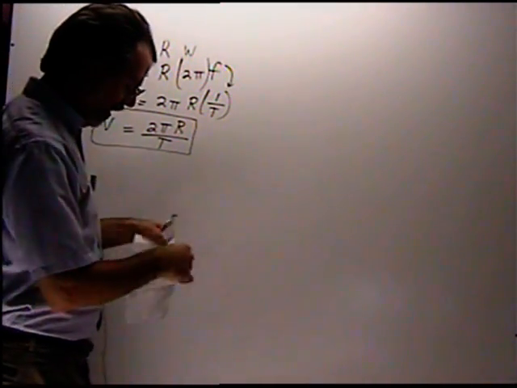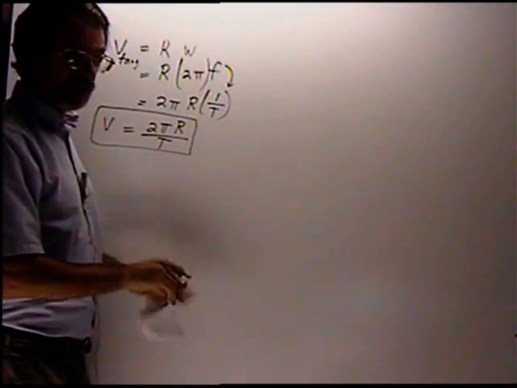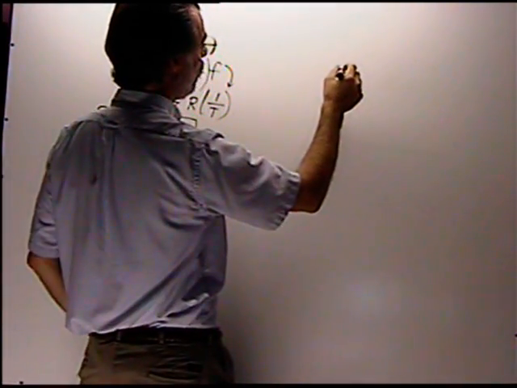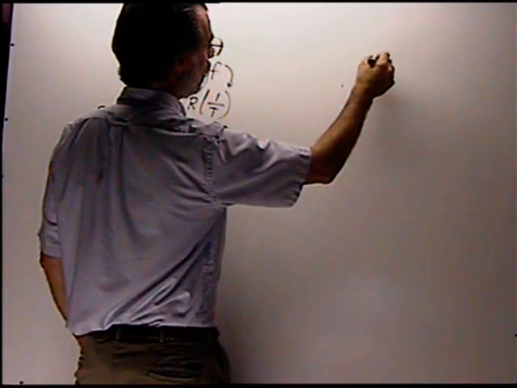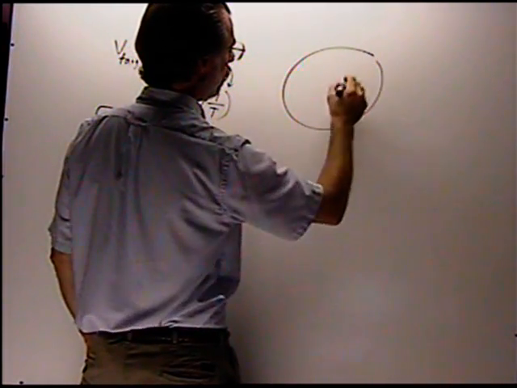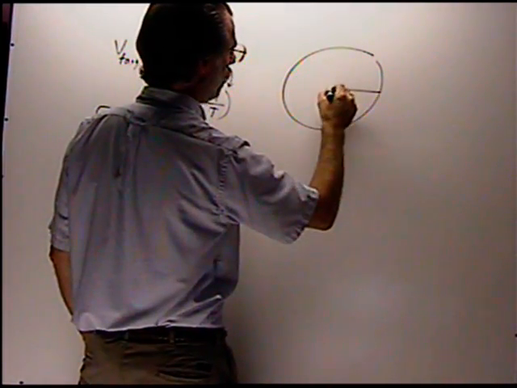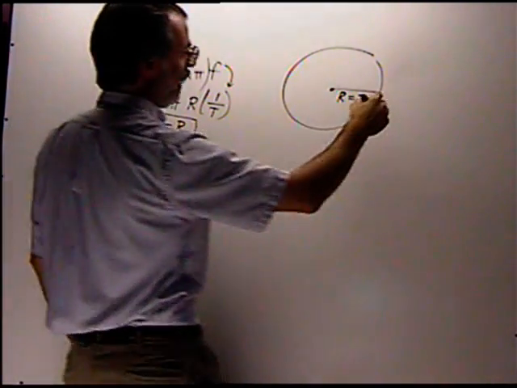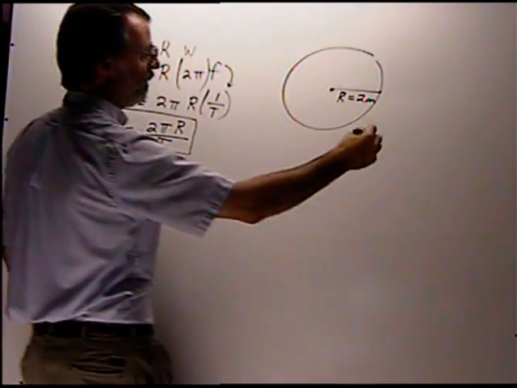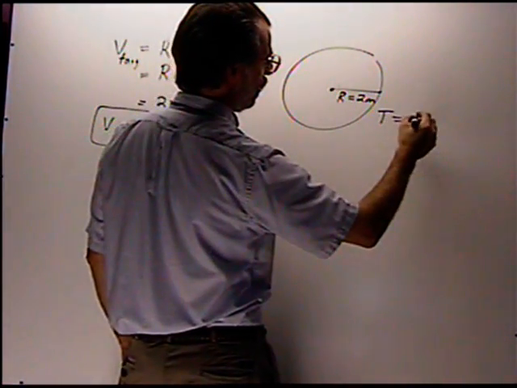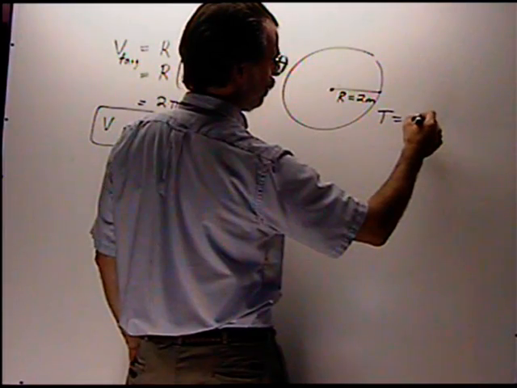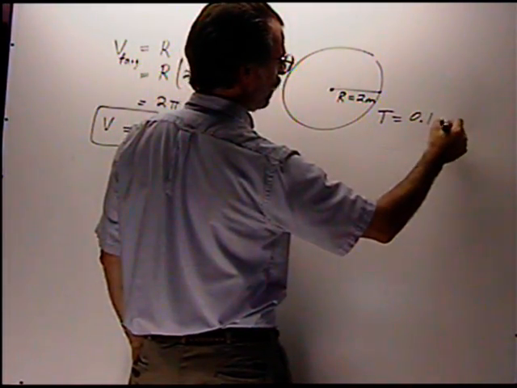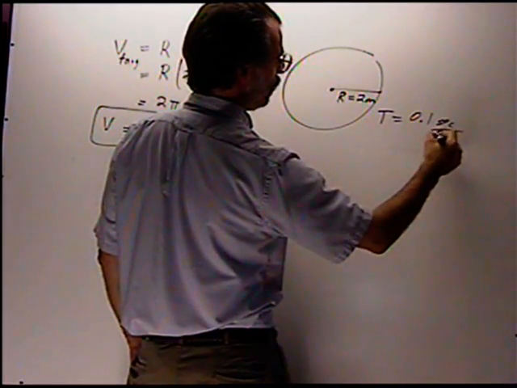Okay, let's actually work just a quick little example, because at first these concepts can be a little tricky. Let's say the radius is 2 meters, and you're spinning a rock around, and it takes, let's say, 0.1 second per revolution.